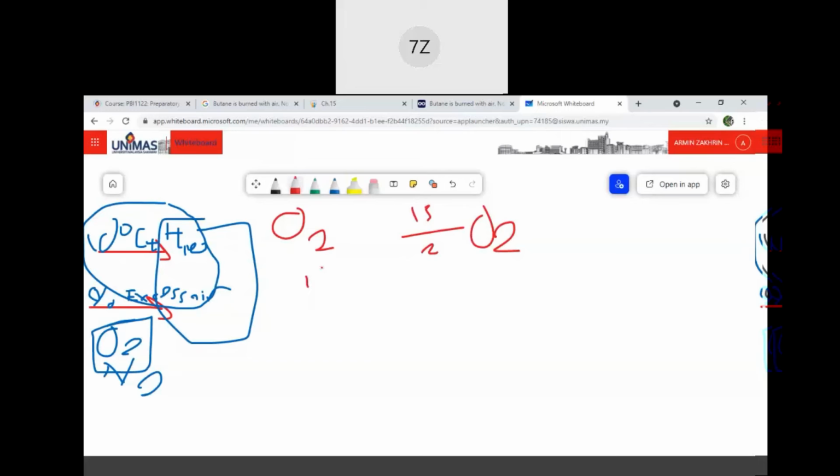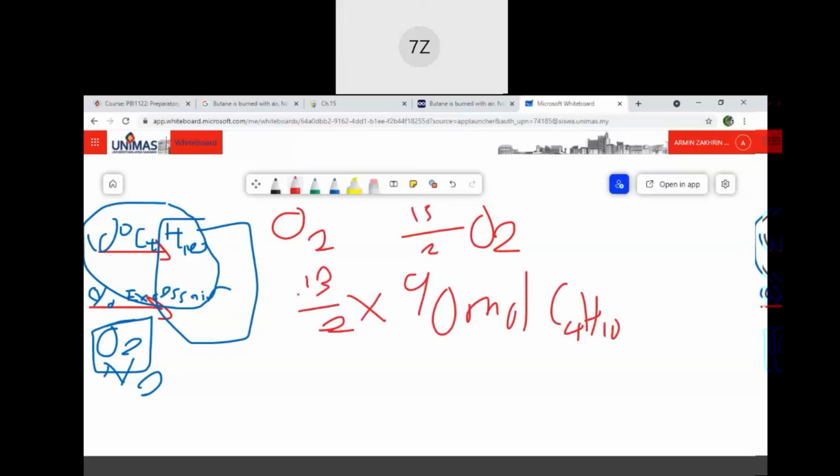So 13 over 2 times 90 mole of C4H10 that has been converted to get our exit product, over 1 mole of C4H10.